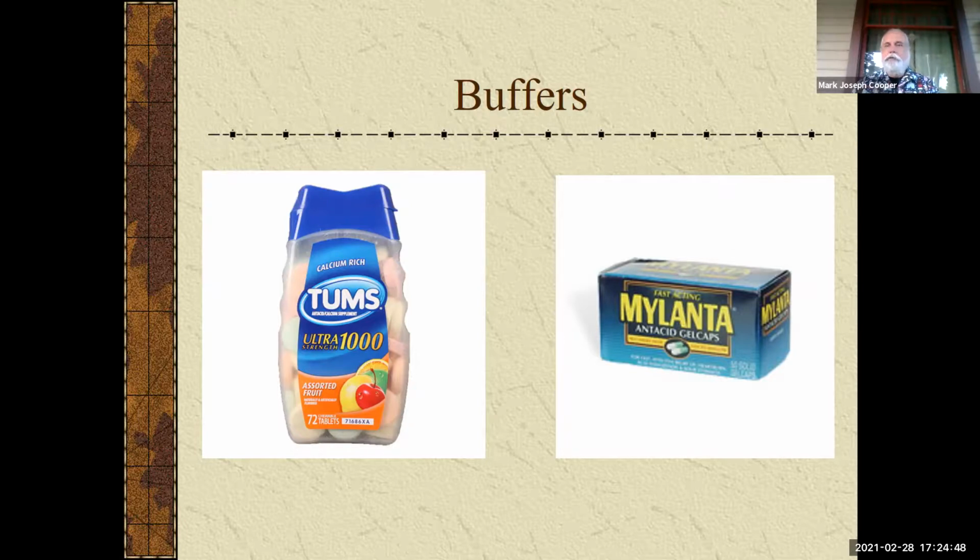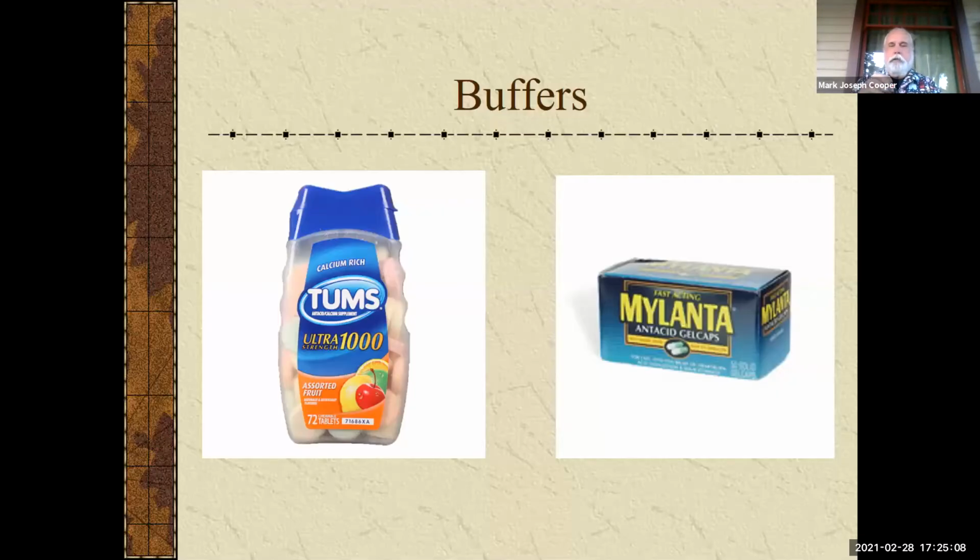So what happens in your system, if your stomach acid starts to get low, your body will start releasing bases to kind of bring that number back in check. And the same, if it gets too basic, acids will be added. Well, this is another way of doing that. These are bases.